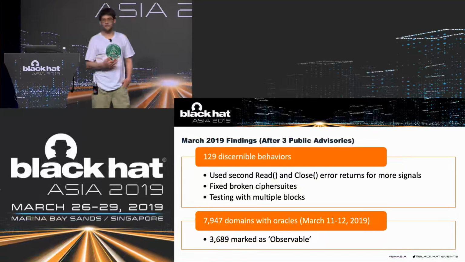In the end, with this data set collected earlier this month, March 11th to 12th, there were nearly 8,000 domains with oracles, but I only classified about 3,689 of them as observable. The other ones, a lot of them were encrypted TLS alerts, which means somebody might be able to exploit them, but it's going to take some JavaScript kung fu or something.